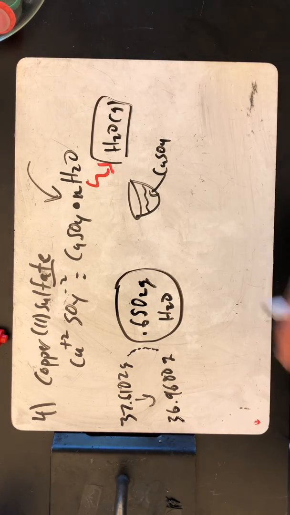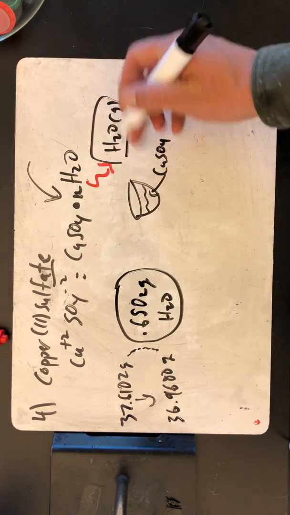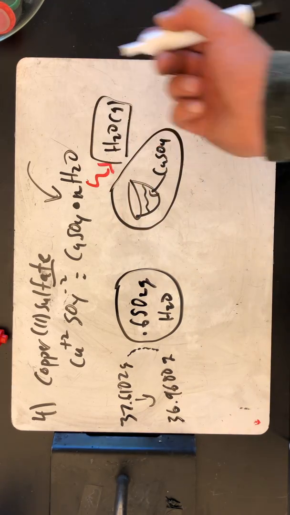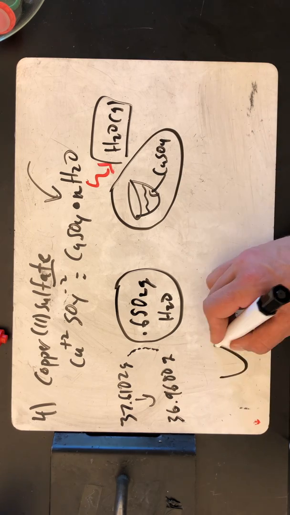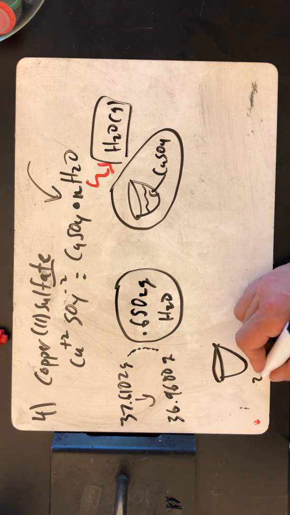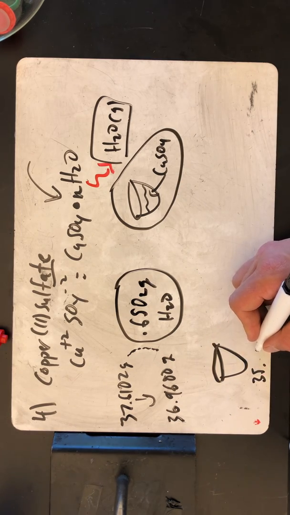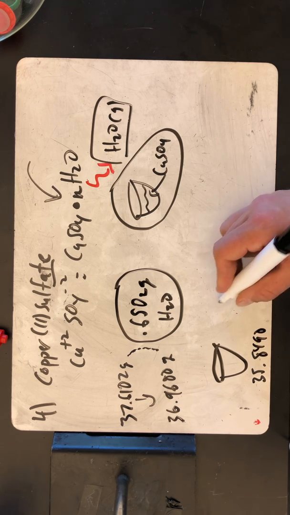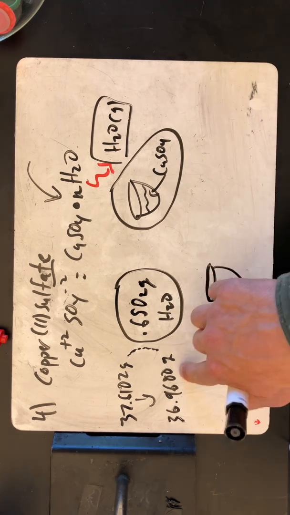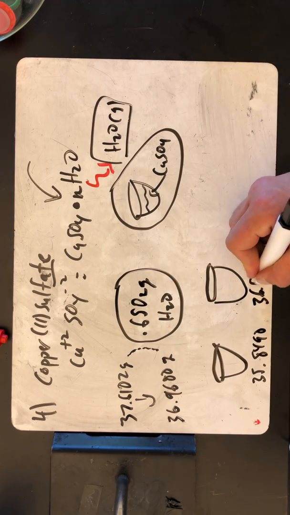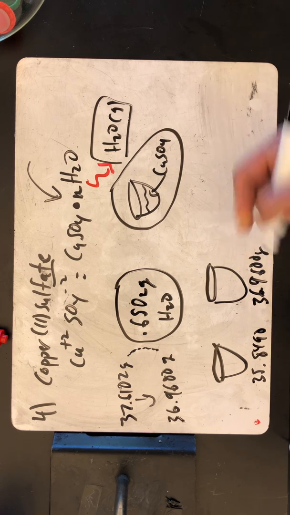Okay, now let's go ahead and get the grams of CuSO4, and then we just do grams to moles divided by the smallest. Well, this was left behind. So the mass of the empty container, just the container itself, was that first piece of data, 35.8490. And the mass of the whole container after heating was 36.9600.